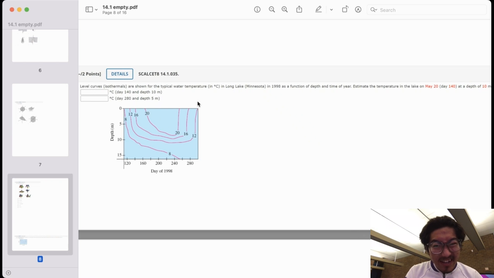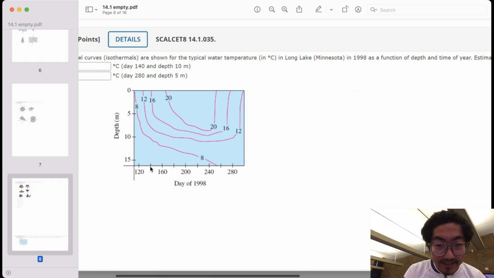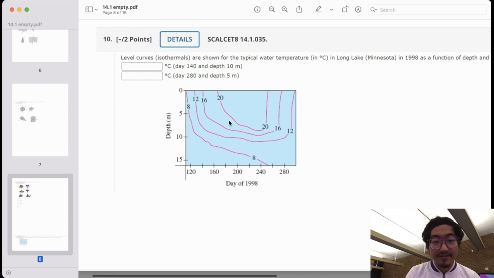If you estimate day 140 and then depth 10 meters, day 140 is going to be like this, depth 10 meters it's going to be 80 degrees. 280 and then depth 5 meters, I would say 14 to 15 degrees.